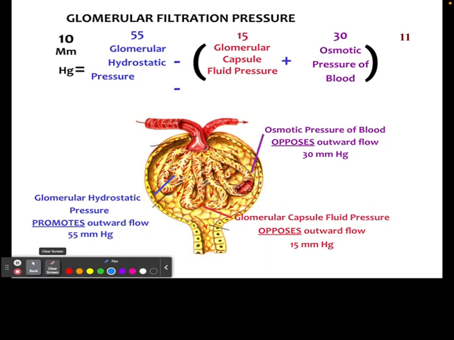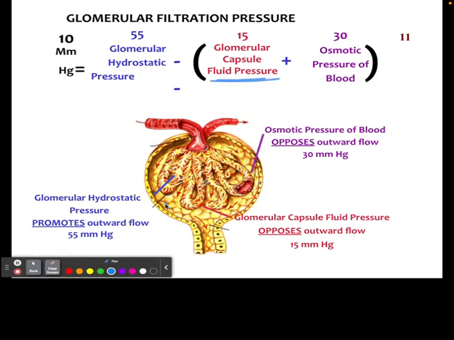So with that said, there's a couple of factors here. Number one, the blood inside the glomerulus has a certain osmotic pressure to it, so it's going to try not to leave. In addition, we also have the capsule.